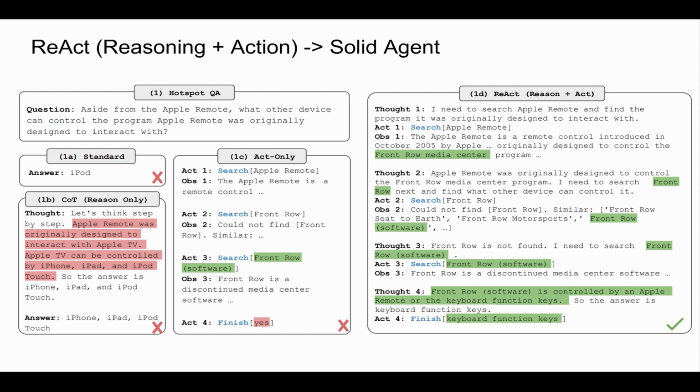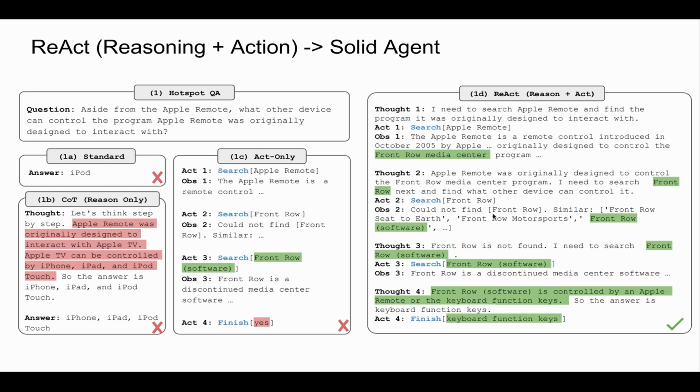So if we combine those two, ReAct, which is reason and act, it actually gives you a pretty good workflow and solves the actual problem. If you search Apple Remote, it's going to search through external data like google.com or some private database, and it says Front Row Media Center, and then you start reasoning behind it, and you think searching for Front Row is going to get you the answer.